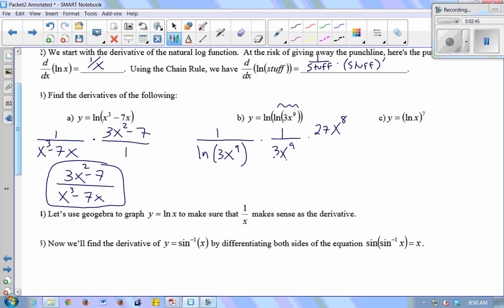So then I can simplify a bit here. 3 goes into 3 once, and it goes into 27 9 times, and those 8 x's can cancel with 8 on the bottom there. And when I simplify, I'm going to get 9 in my numerator over x times the ln of 3x to the 9th.